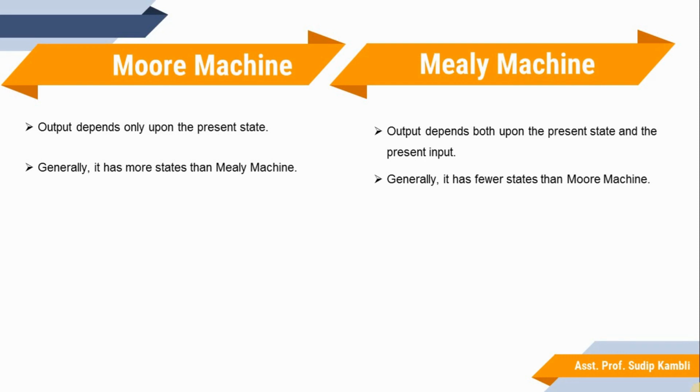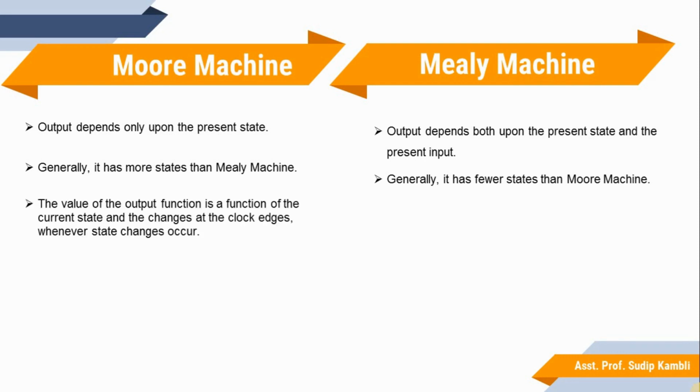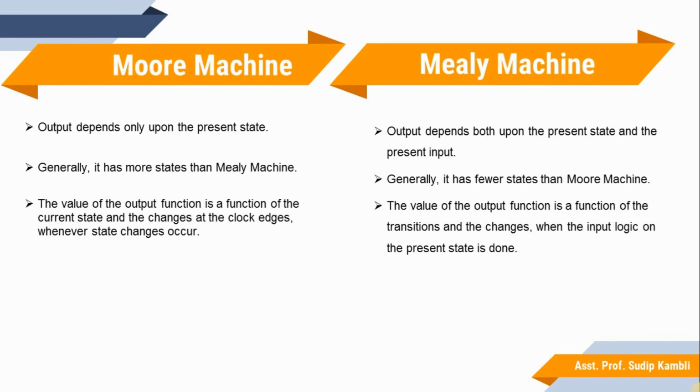In a Moore machine, the value of the output function is a function of the current state and changes at the clock edges whenever a state change occurs. In a Mealy machine, the value of the output function is a function of the transition and changes when the input logic on the present state is done.